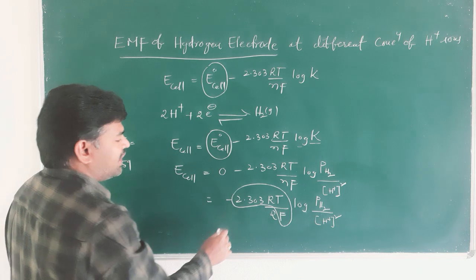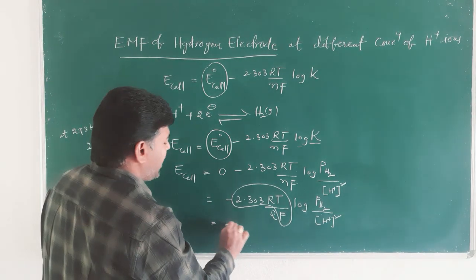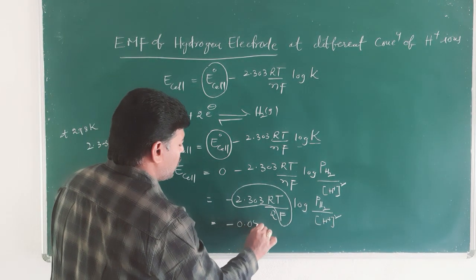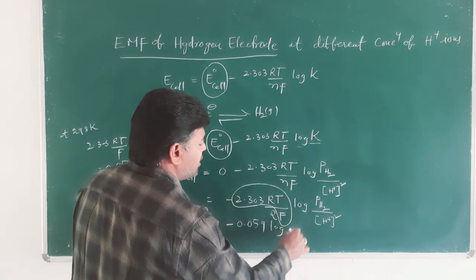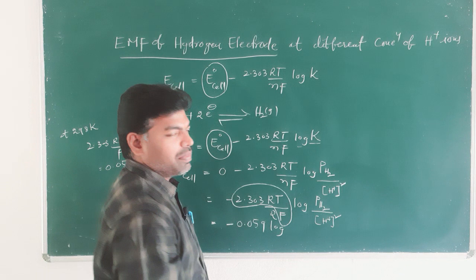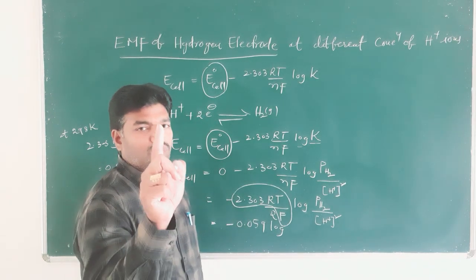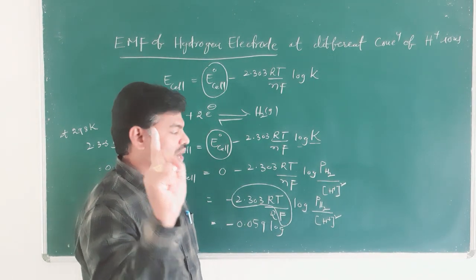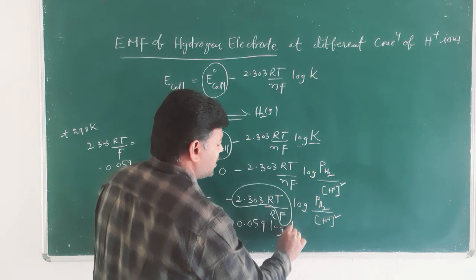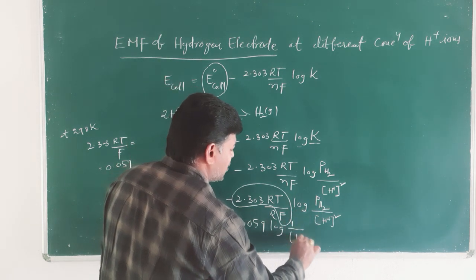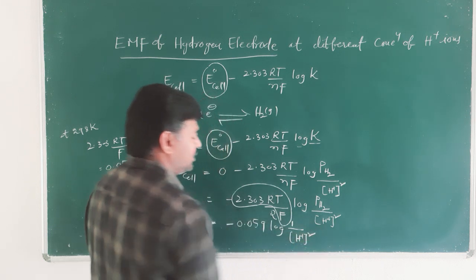So, instead of that we can write minus 0.059 by 2, log partial pressure of H2. The partial pressure of H2 is always equal to atmospheric pressure, that is 1 atmosphere, so we can write partial pressure of hydrogen 1 by concentration of H plus square, right.